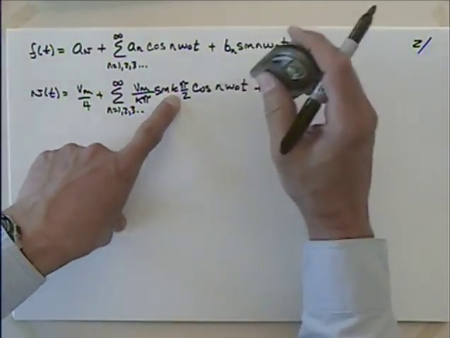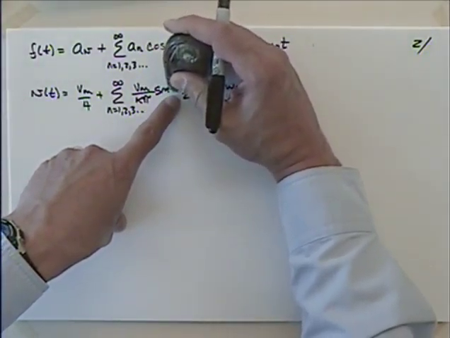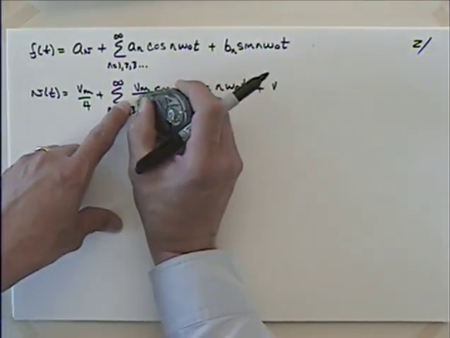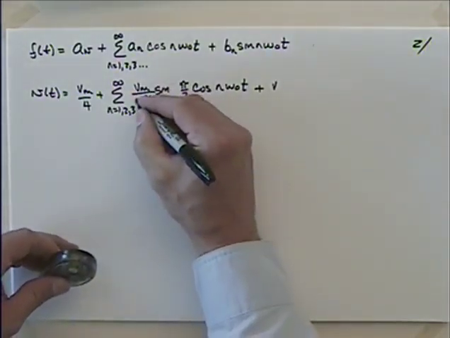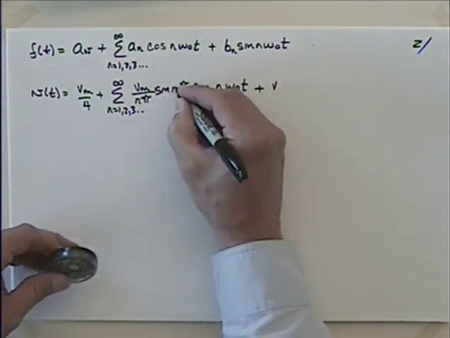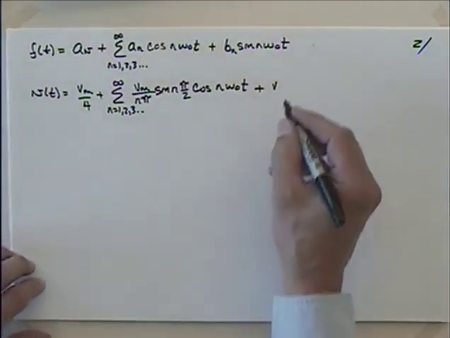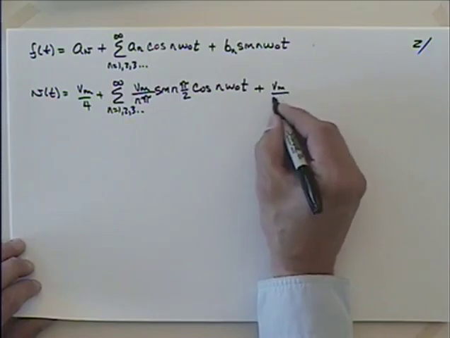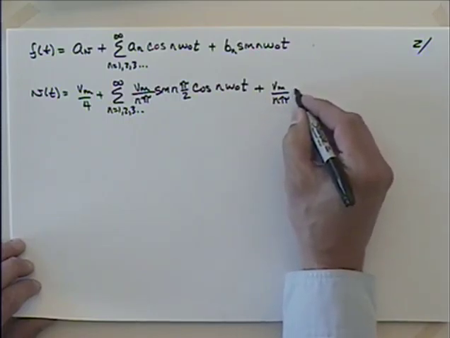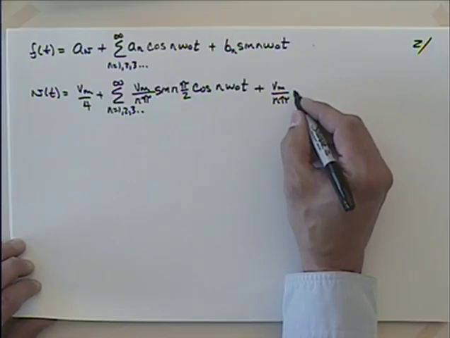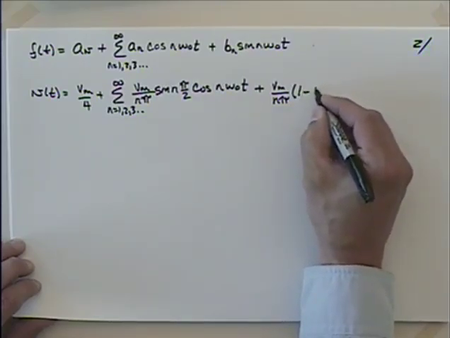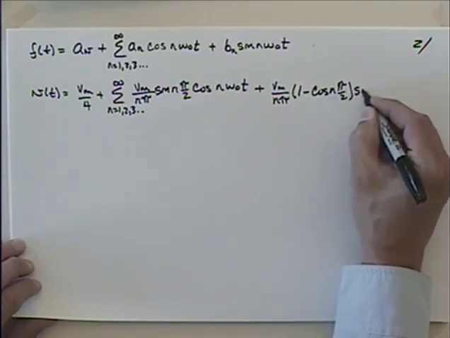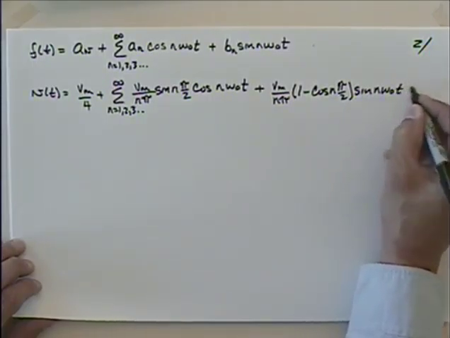Yeah, I want to get these into n, so this would be an n, and this would be an n. A lot going on in this one. There's an n, there's an n, and omega naught t, plus Vm over n pi times the 1 minus cosine of n pi over 2 times now sine of n omega naught t.